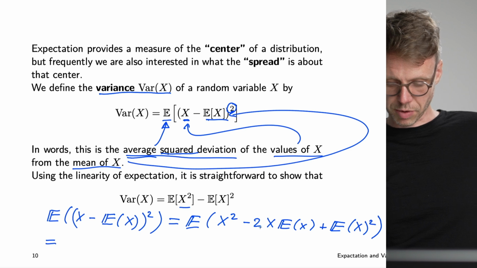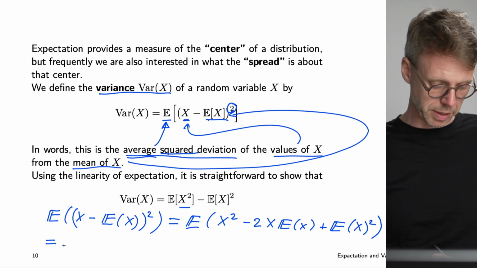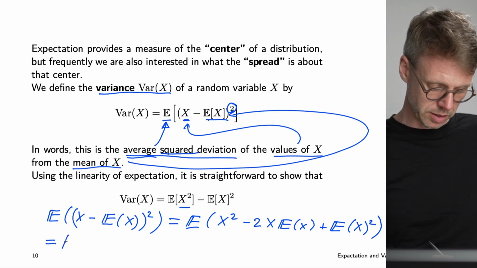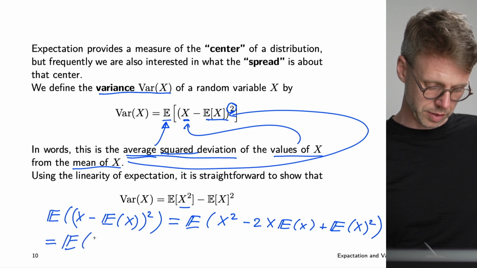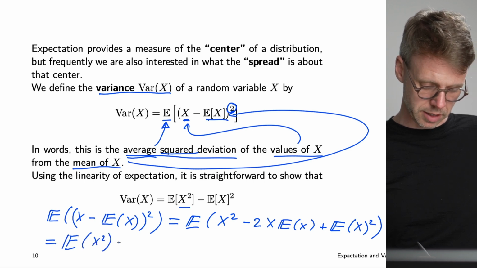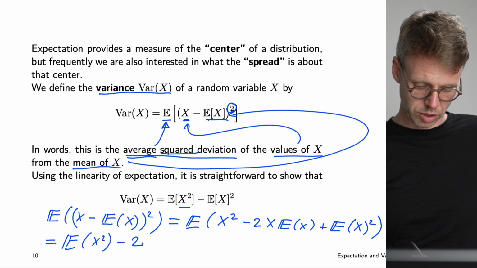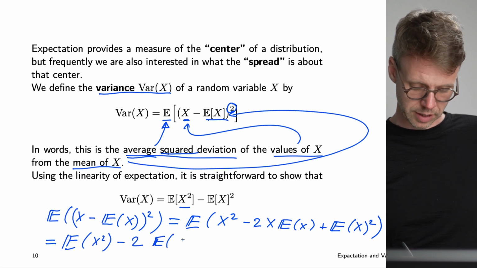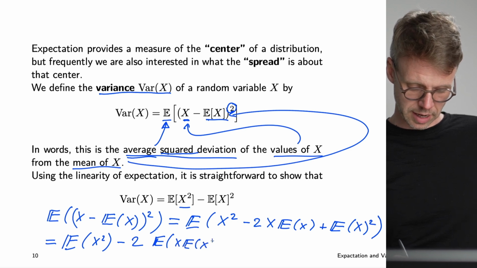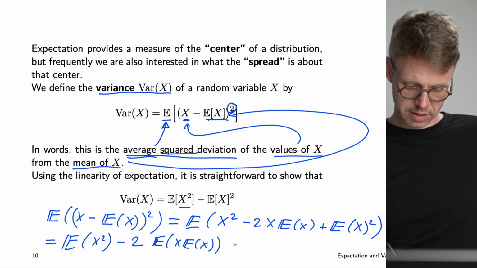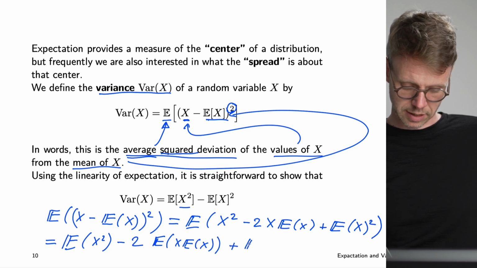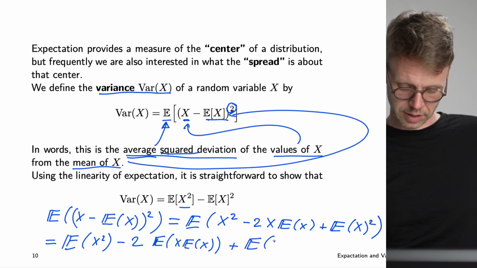We have a sum of 3 terms. We can take the expectation of each of them. So this is equal to E of x squared minus 2 E of x E of x plus E of x squared.